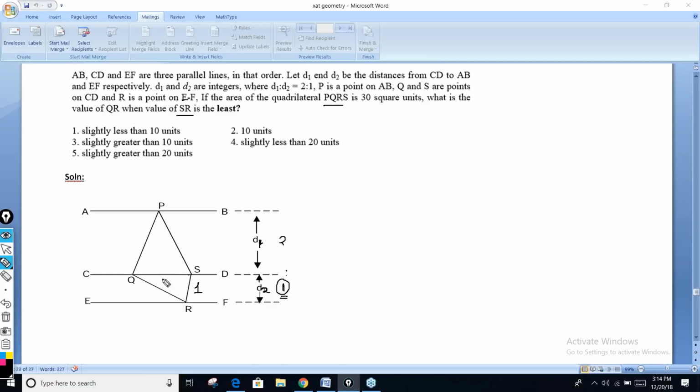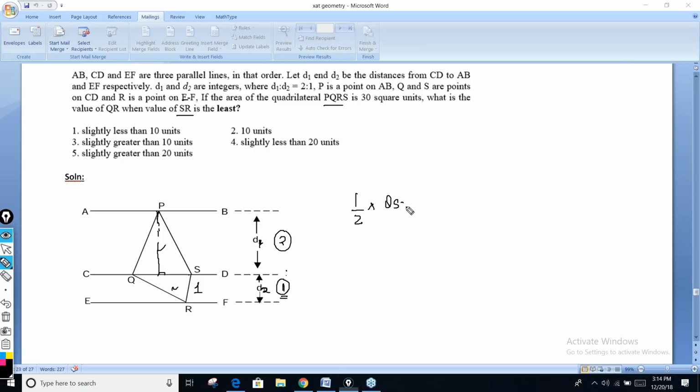What is the area? Area of this quadrilateral is the area of this triangle and the area of this triangle. So if I take base as QS, height I can take as 2, and here I can take height as 1. That is D2, the distance, and that is D1, that is given as 1. So what is the area of this quadrilateral?